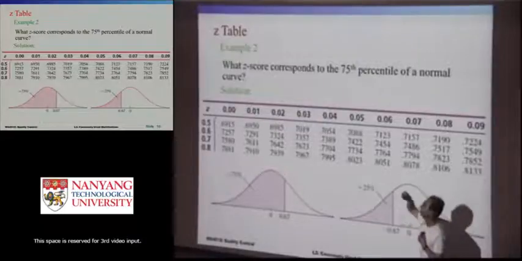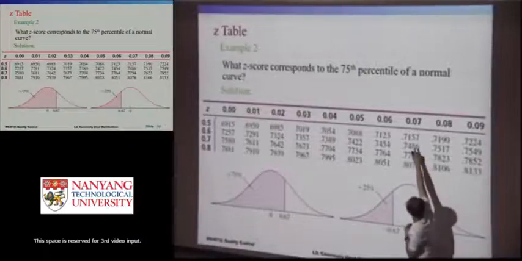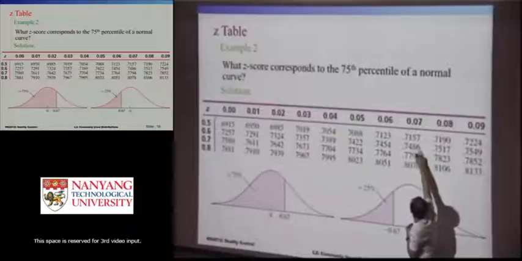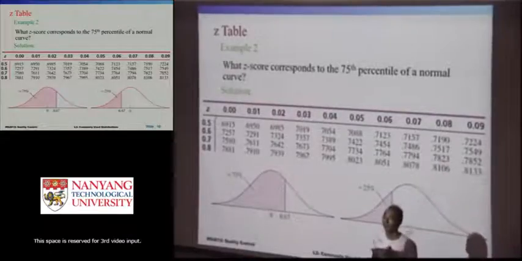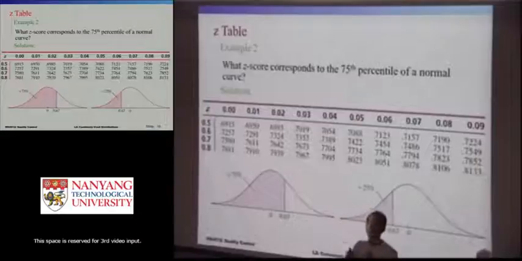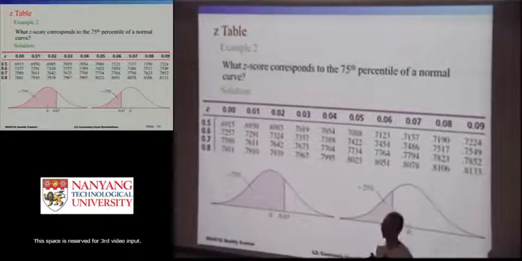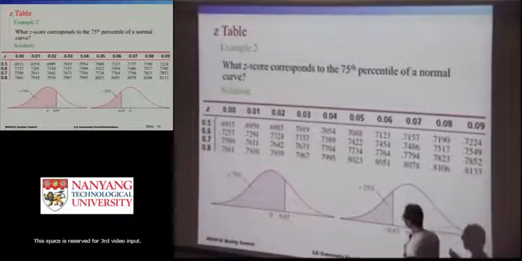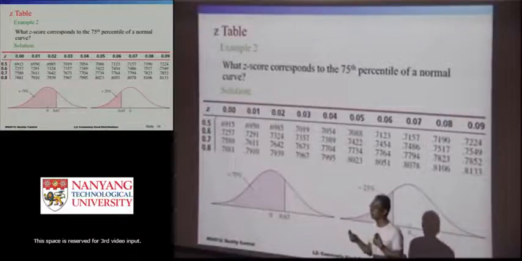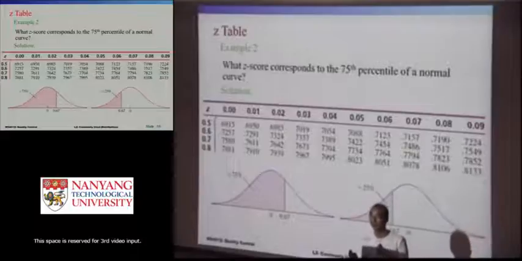So you can see it equals 0.67 or 0.68. You don't need to get another decimal. Either one, 0.67 or 0.68, is correct.